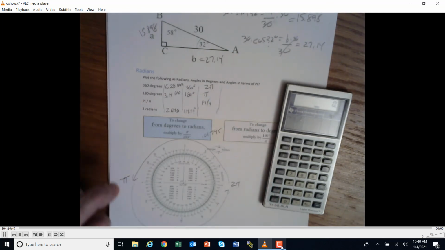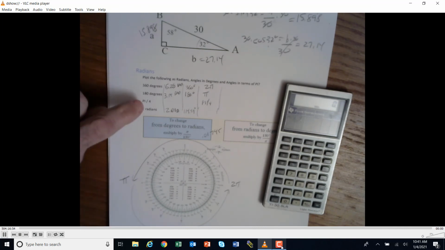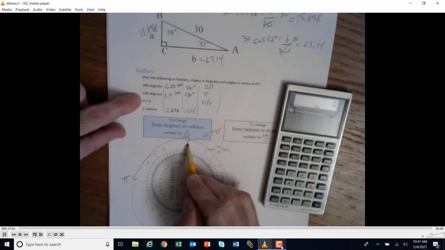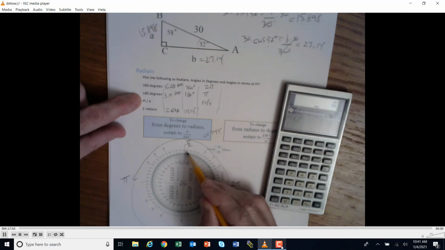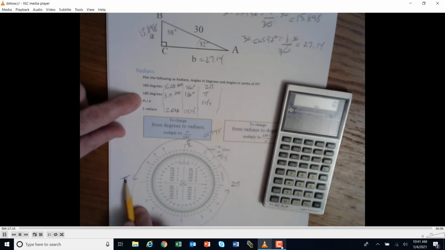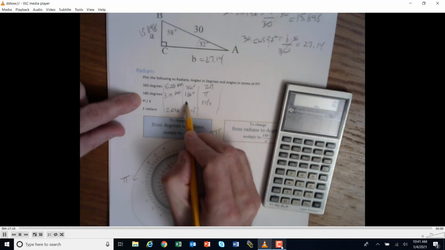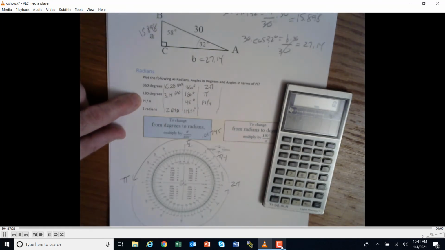We're getting our chart filled in pretty well. Here's pi, this over here is pi over 2, and if we divide that in half, we're at pi over 4. This is 180, half of that is 90, and so pi over 4 is going to be 45 degrees.